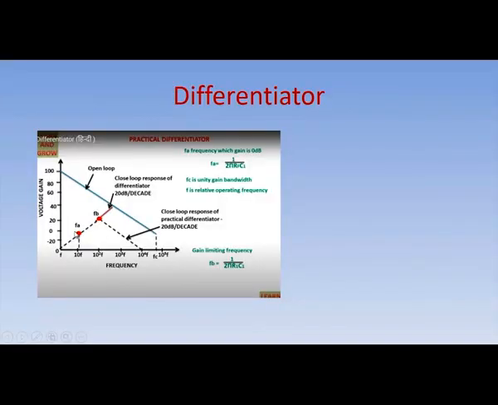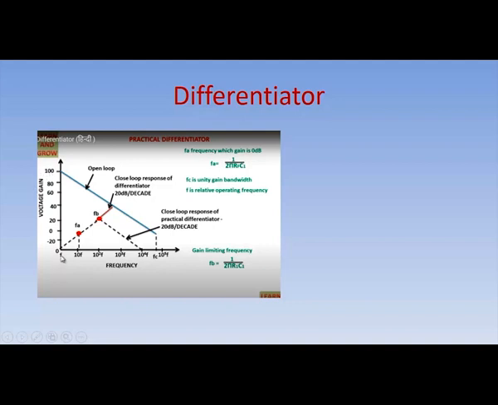When you look at the frequency response of the differentiator, we have derived Fa as 1 by 2 pi R C, where R is the feedback resistor and C is the input capacitor. At this Fa, it touches the 0 dB line. The x axis takes the frequency of the input signal, and the y axis takes the voltage gain of the differentiator circuit.